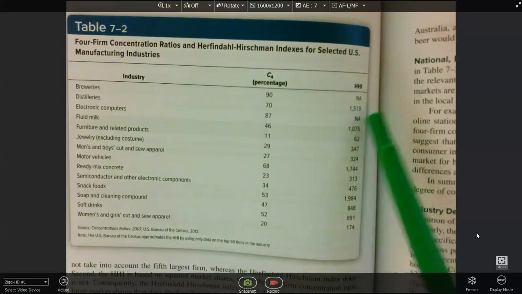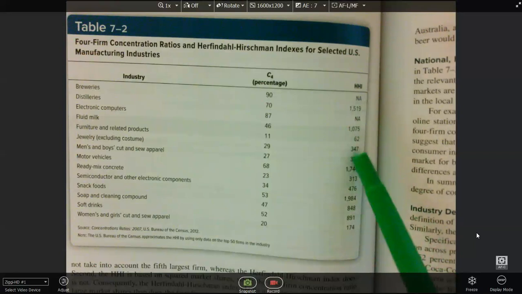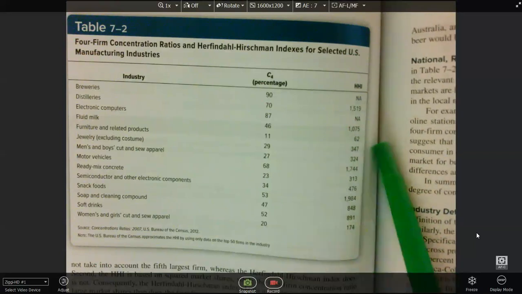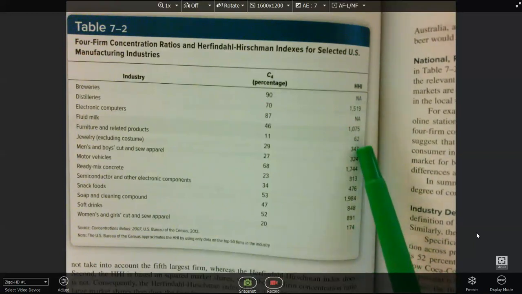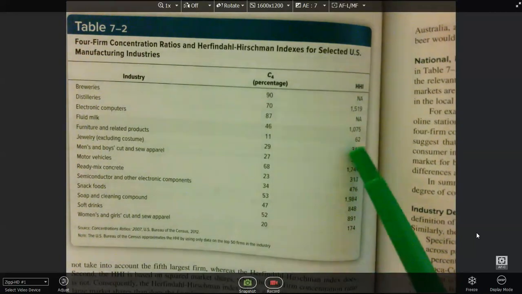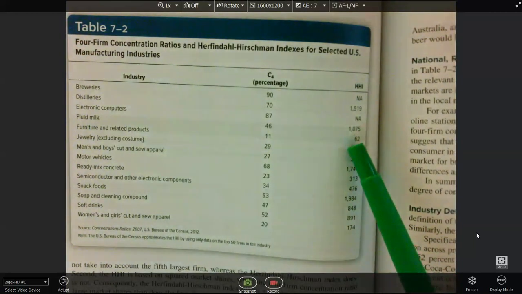It is still relatively high though, compared to some of the other ones. Like, see, we do have one in the tens. Only one though, 62, furniture and related products. So there is barely any concentration in furniture and related products, right? Which makes sense. I mean, there's concentration in mattresses.